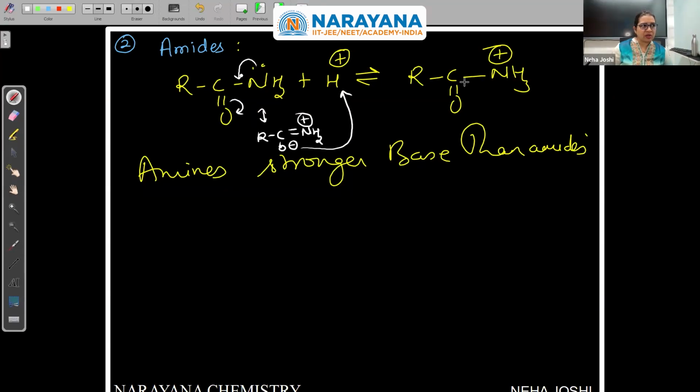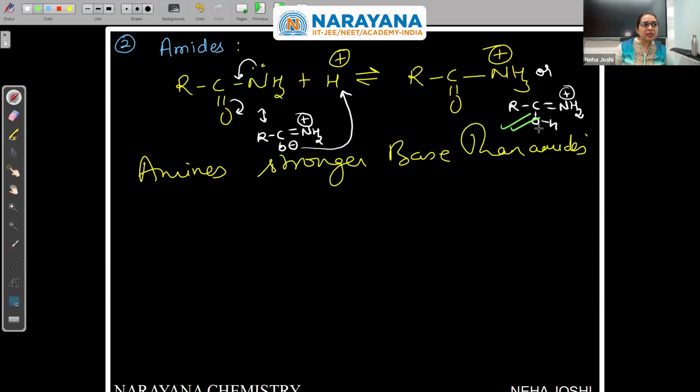If I say this structure, one choice, or if I say RCOH double bond NH2 positive, this structure is my other choice. And my conclusion is this will be the preferred. Amines are certainly stronger base than amides.